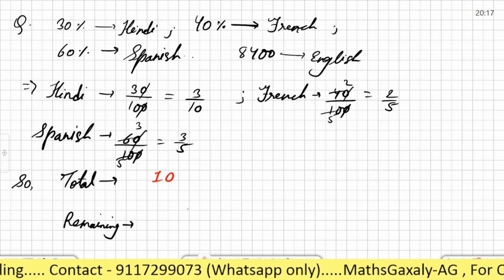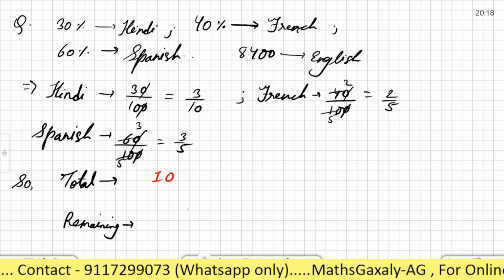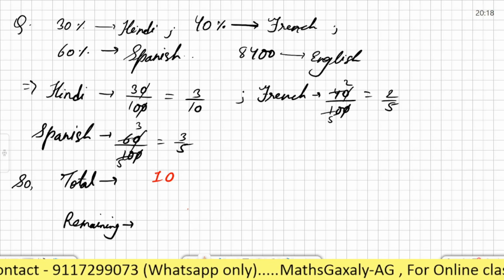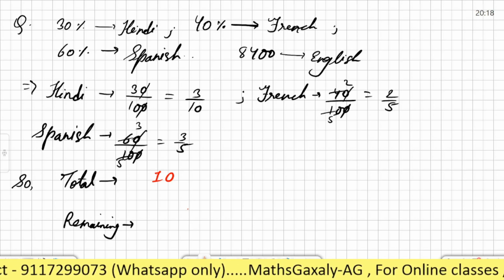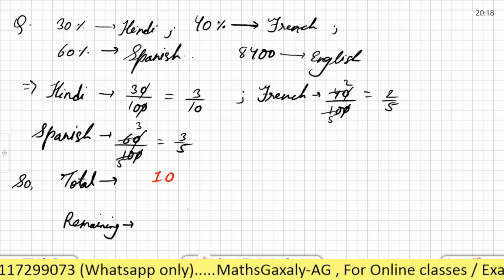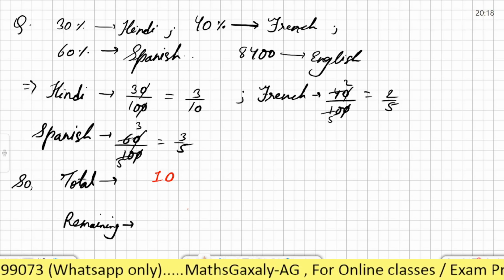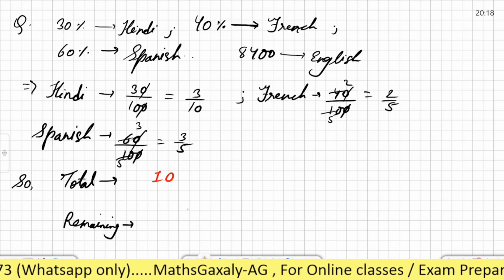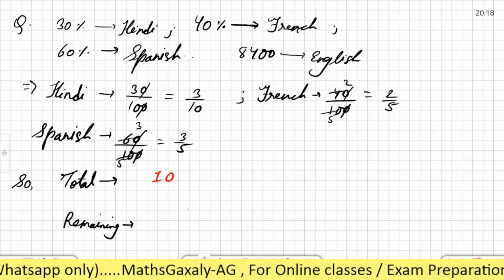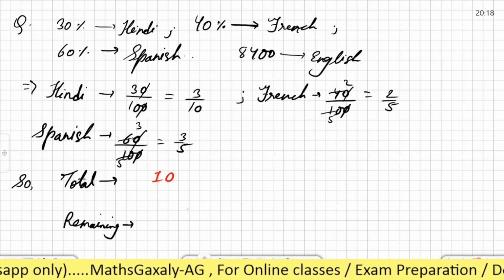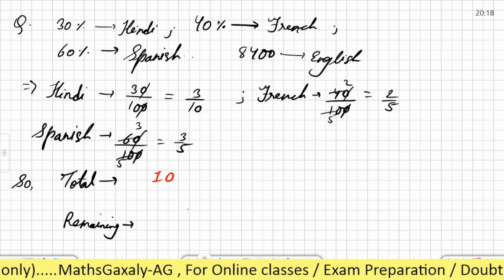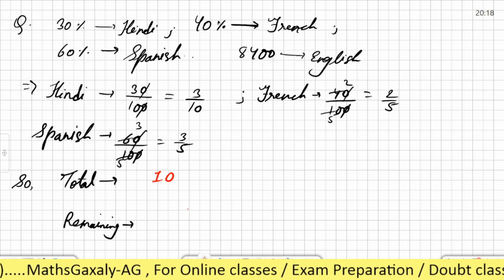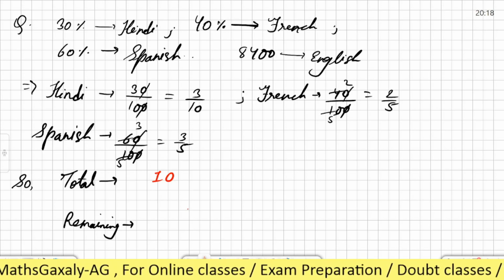Suppose total books is 100, then 30% of the total books means 30. Similarly here, if 10 is the total, then 3 are Hindi books.